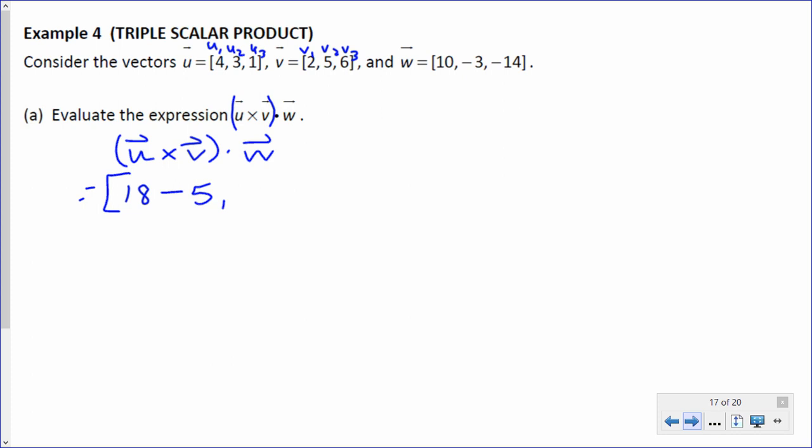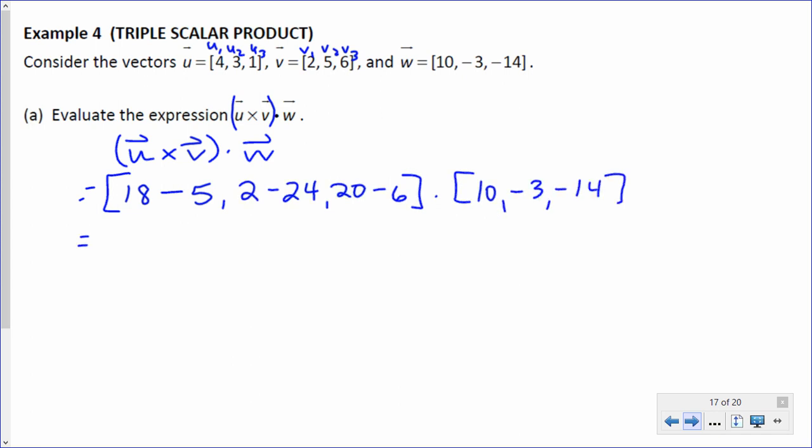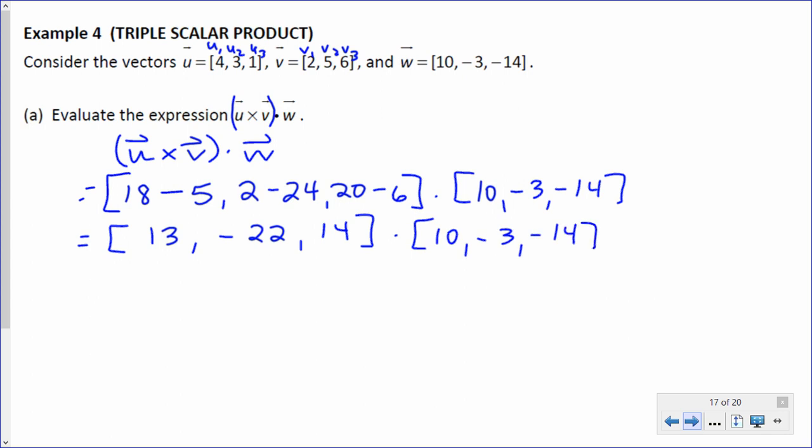Then U3 V1, 1 times 2 is 2, minus U1 V3, 4 times 6 is 24. Then U1 V2, 4 times 5 is 20, minus U2 V1, 3 times 2 is 6. Dotted with (10, -3, -14). So I end up with (13, -22, 14) dotted with (10, -3, -14).